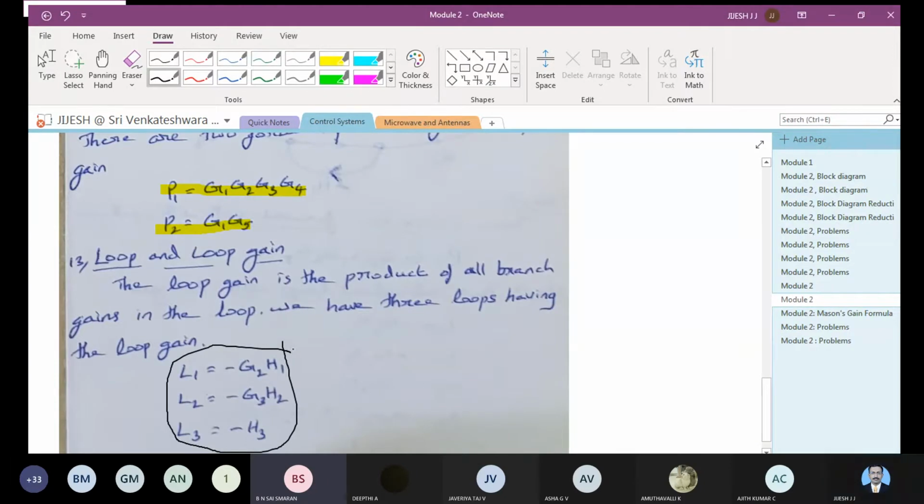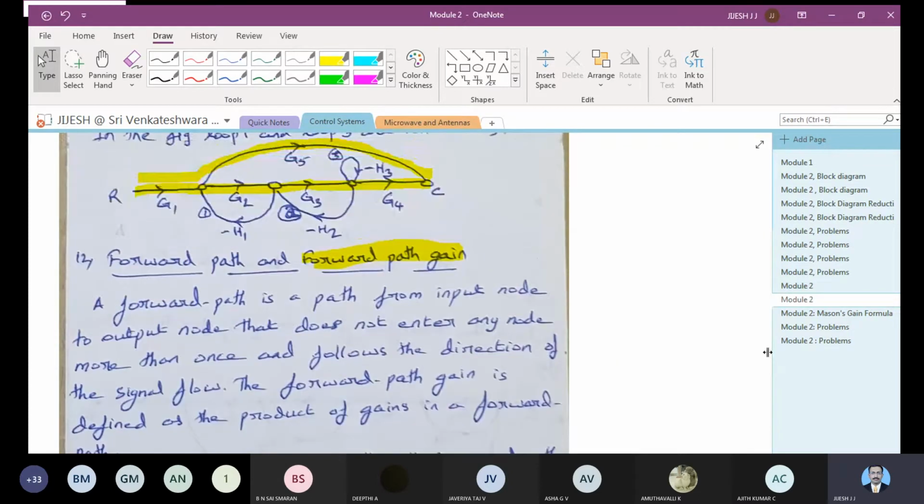Yes, sir. Okay, so let us see what we mean by loop and loop gain. We have seen what is meant by forward path and forward path gain, so we'll see loop and loop gain as well. Go back to the figure.